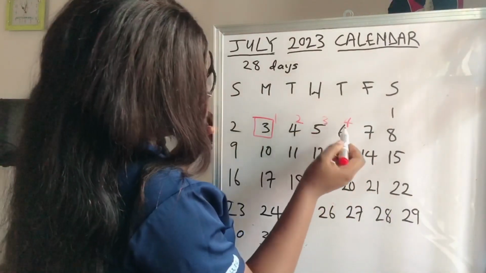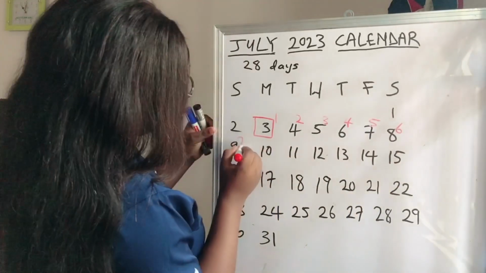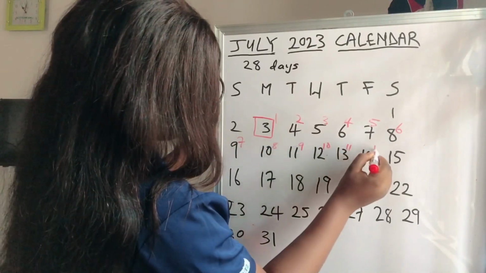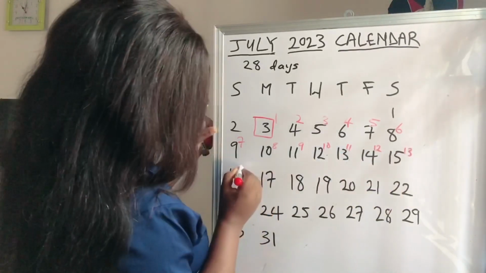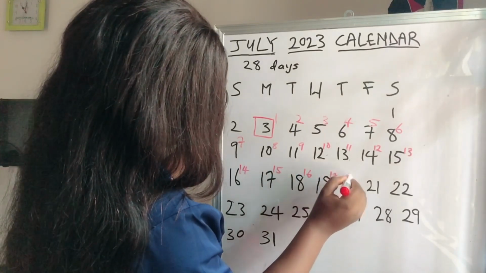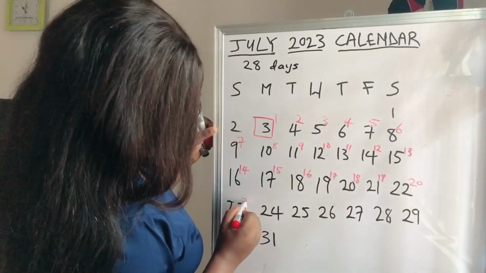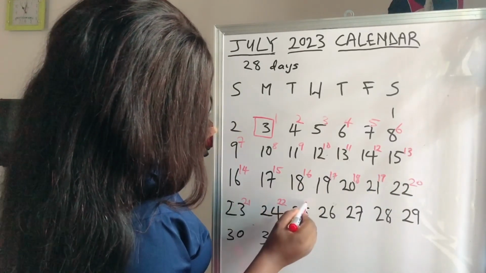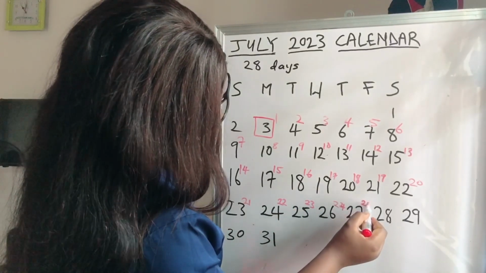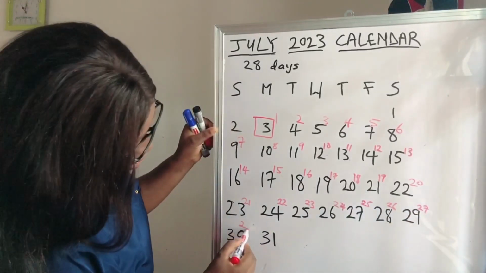So day 1, 2, 3, 4, day 5, day 6, day 7, day 8, day 9, day 10, day 11, day 12, day 13, day 14, day 15, day 16, day 17, day 18, day 19, day 20, day 21, day 22, day 23, day 24, day 25, day 26, day 27, day 28.